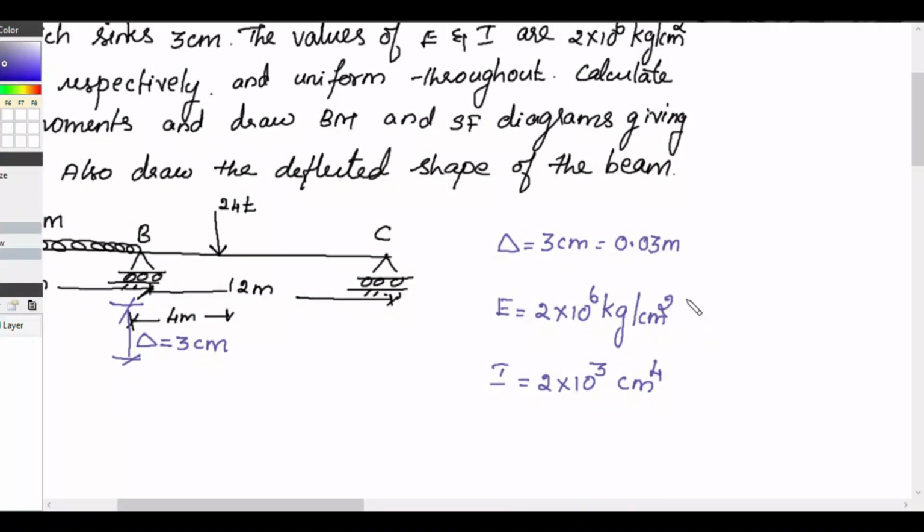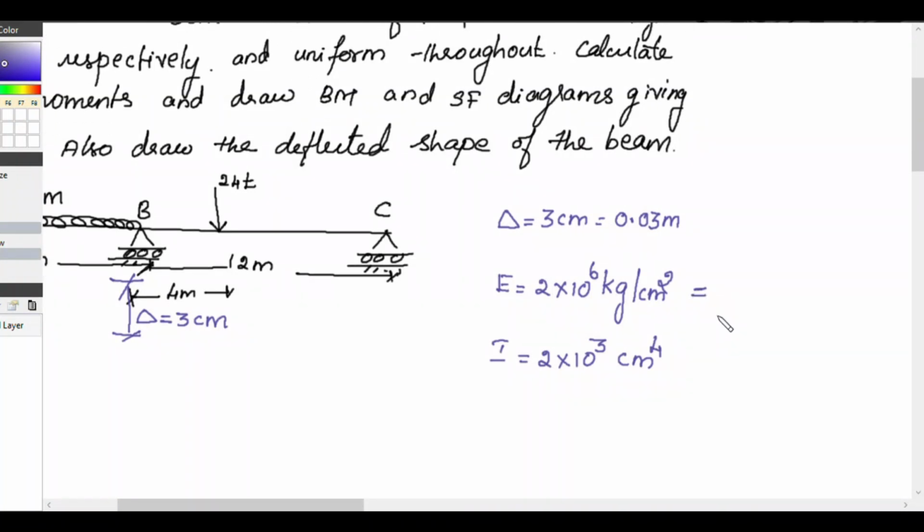So this value for E, we will convert it into tons per meter square. Our value becomes E is equal to 2 into 10 raised to 6 multiplied by, we know 1000 kilogram is equal to 1 ton.